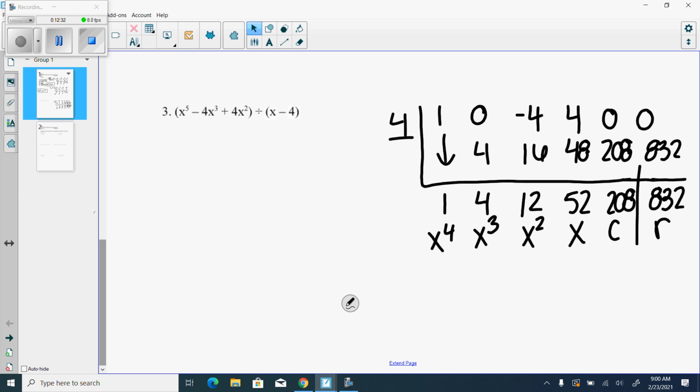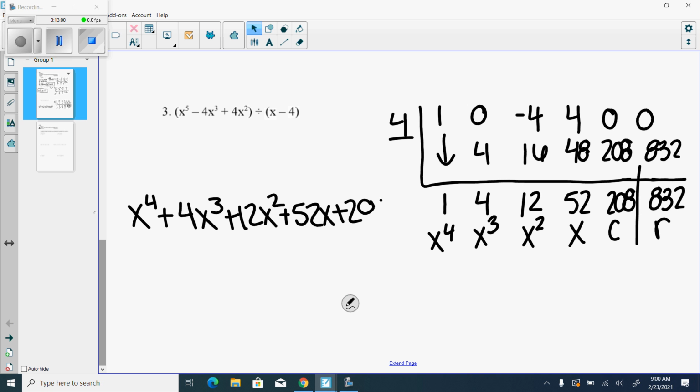So do we need a coefficient in front of x to the 4th? No. And what would I have next? So I got to put plus 4x cubed. Good. Then what? Good. Plus 208.